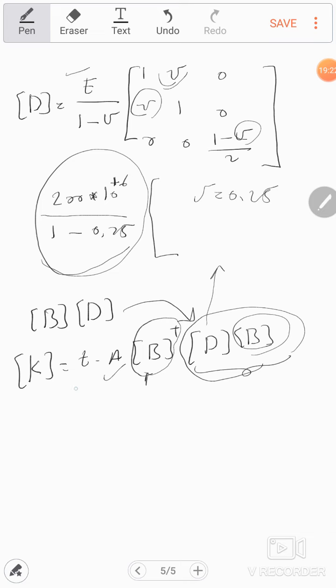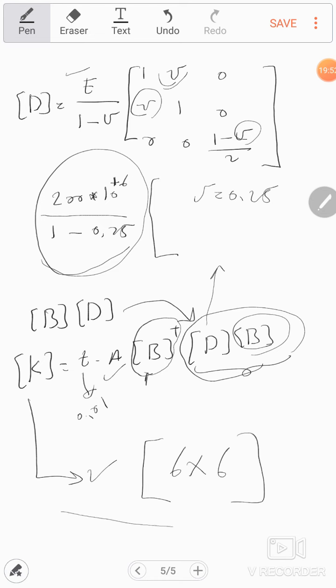A you already found, and the thickness I think was 10 nm, it will be 1.01, and then you will get the K matrix. So the K matrix will be 6 times 6.